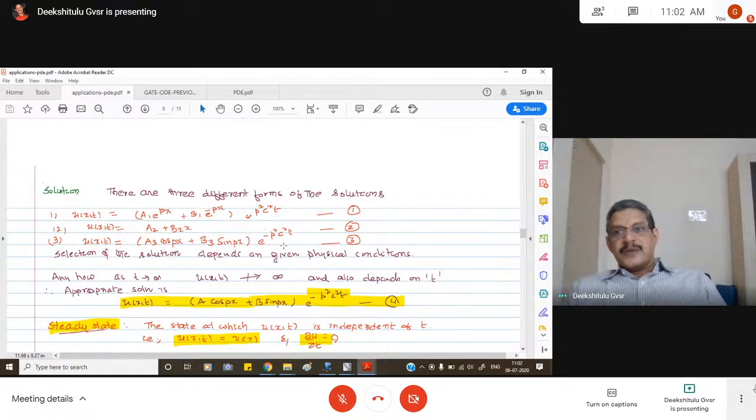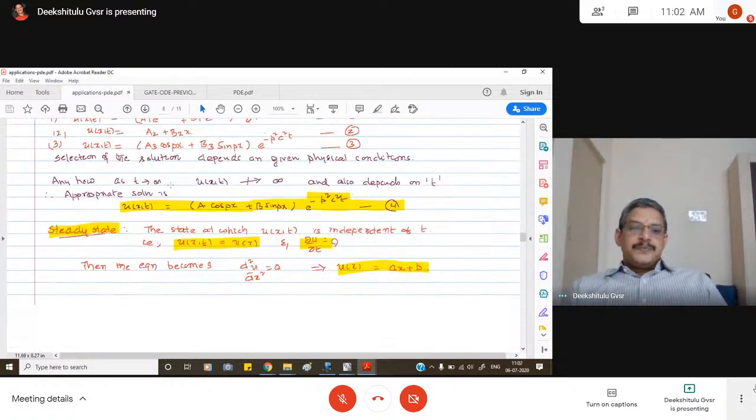So this solution satisfies all the physical conditions. As t goes to infinity, 1 over e^(p²c²t), the denominator, goes to infinity, so the whole thing becomes 0. That means the temperature gradually comes down. That is how we select the best suitable solution out of the three possibilities.